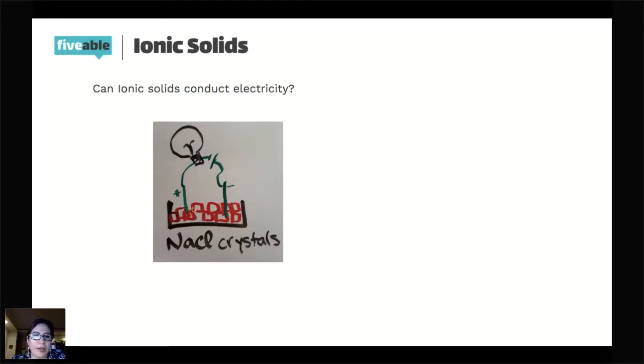They're stuck together with themselves, bonded with a strong crystal lattice. So they won't move towards the electrodes to make the flow of electricity needed. So correct. Ionic solids in crystals won't be able to conduct electricity.